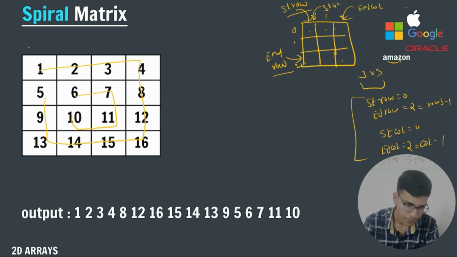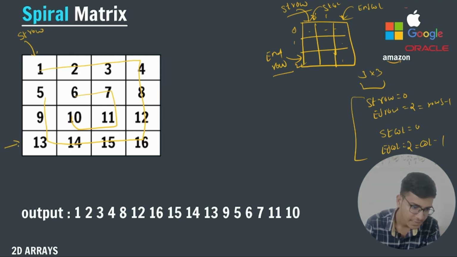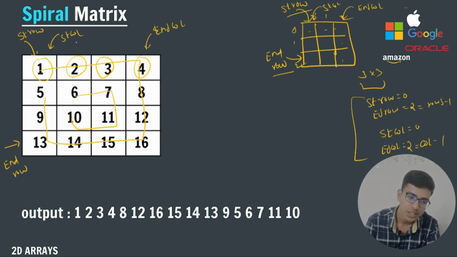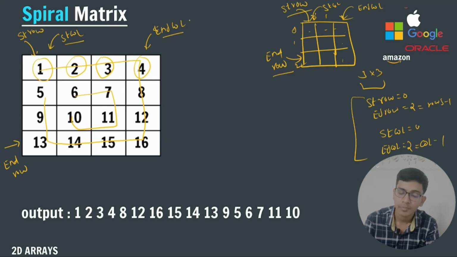So this is my starting row and this is my ending row, and similarly for the given question, this is my starting column and this is my ending column. You can see one pattern: first of all I am printing 1, after it 2, after it 3, after it 4. I am starting my loop from the starting column and ending it at my ending column.